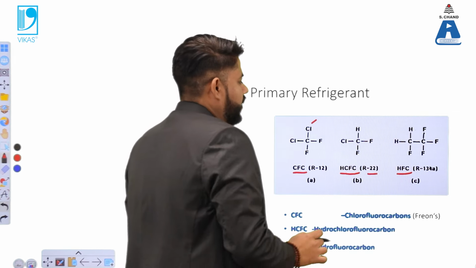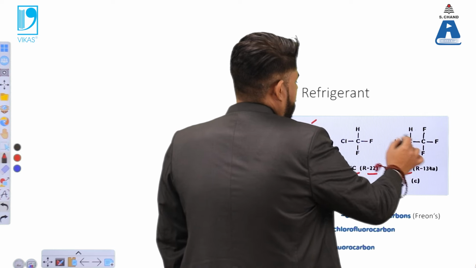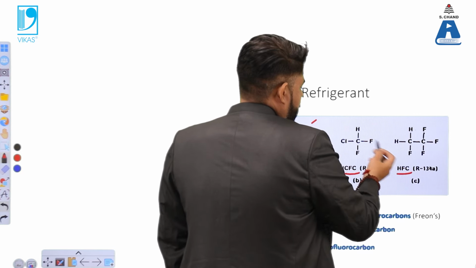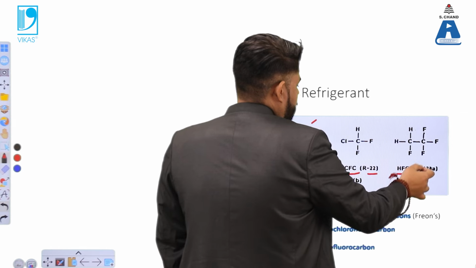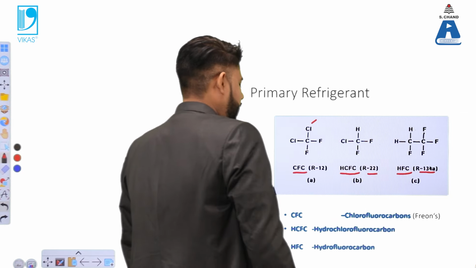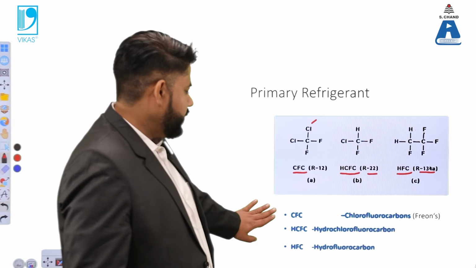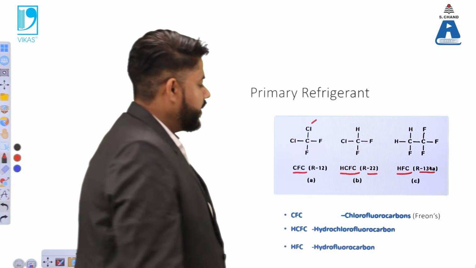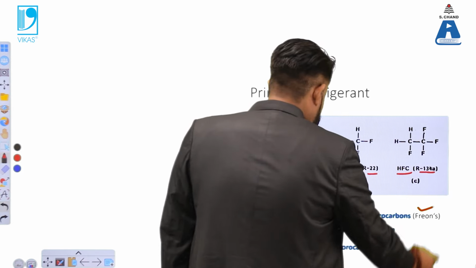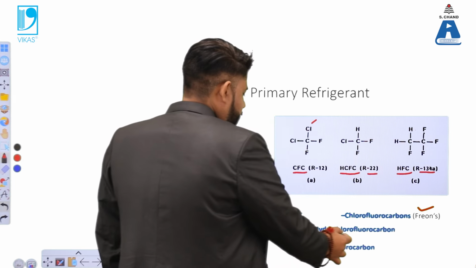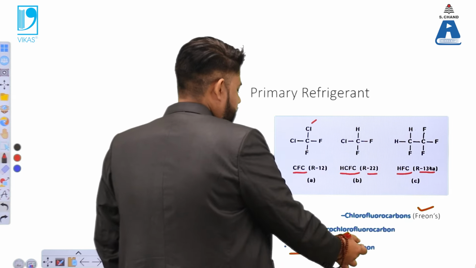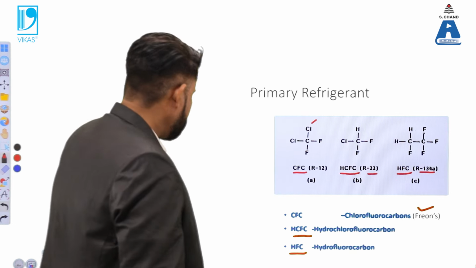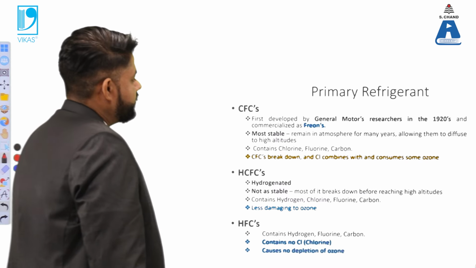And when two carbons are used and we strike off chlorine from here, it becomes a hydrofluorocarbon, which is R134a. So CFCs are chlorofluorocarbons, particularly known as freons, HCFCs are hydrochlorofluorocarbons, and HFCs are hydrofluorocarbons, which I have shown with the help of the structure.